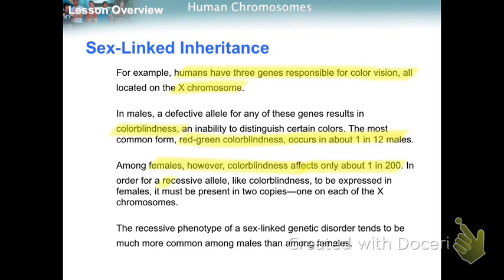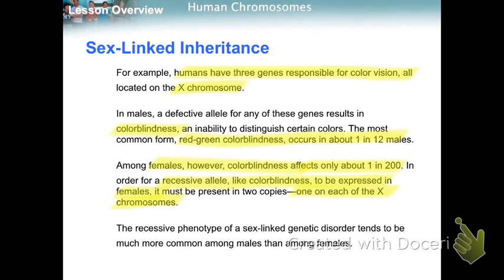So in order for a recessive allele to be expressed in females, it has to be present in 2 copies, 1 on each X chromosome. It only has to be present in 1 copy in males because males only have 1 X chromosome.